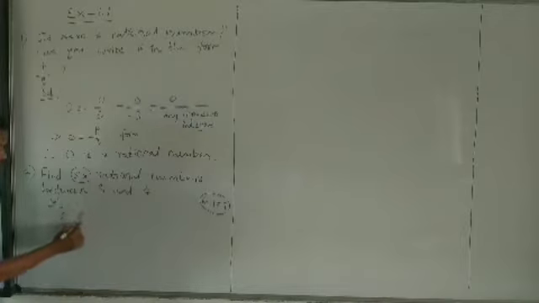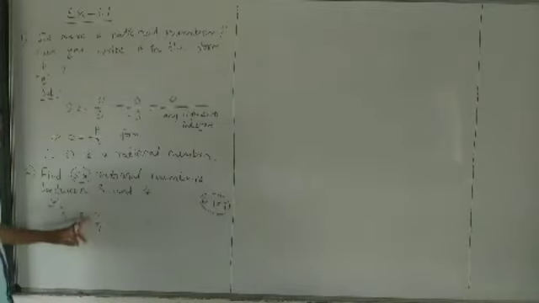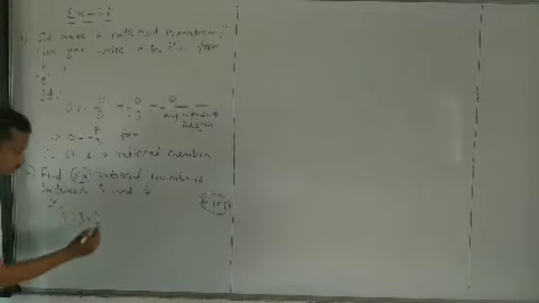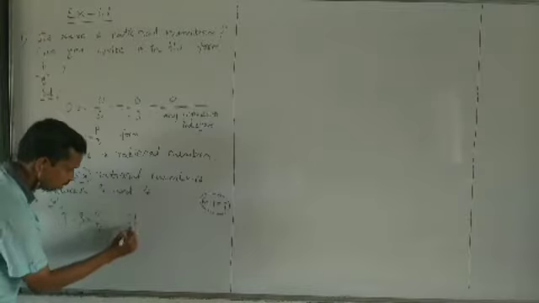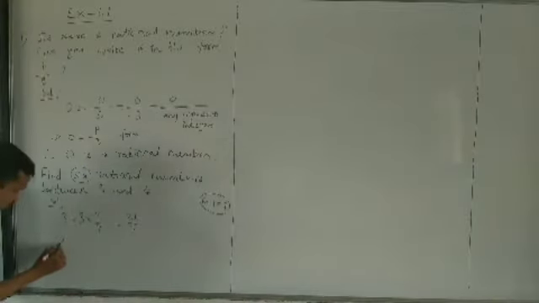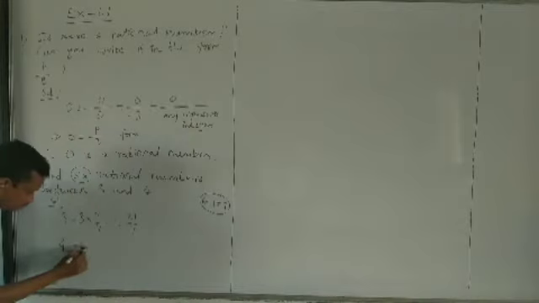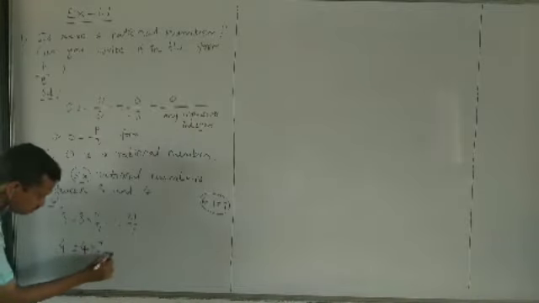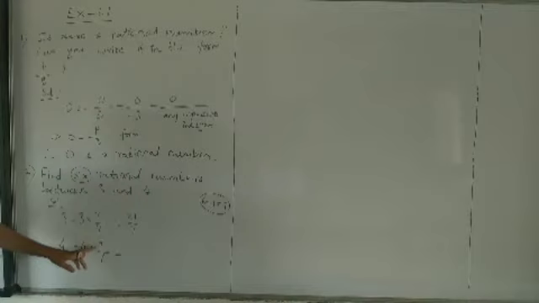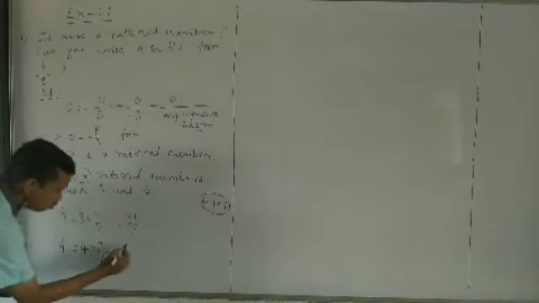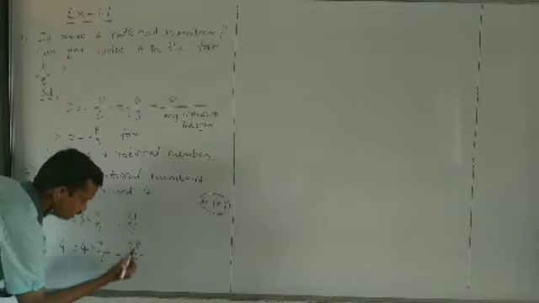You multiply 3 into 7 by 7, that means you multiply and divide numerator and denominator by the same number. Then you get 21 by 7. And the next number 4, 4 into 7 by 7. Now you get 28 by 7. So this is the way.